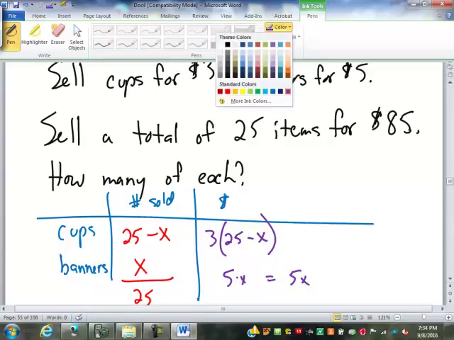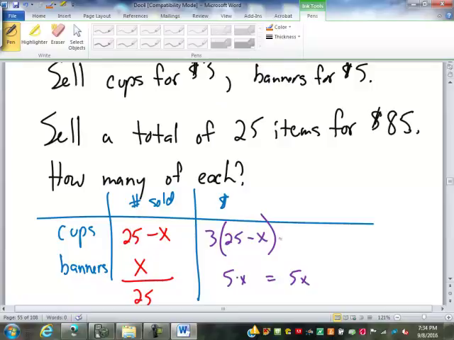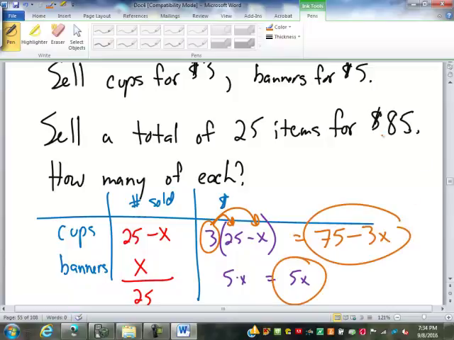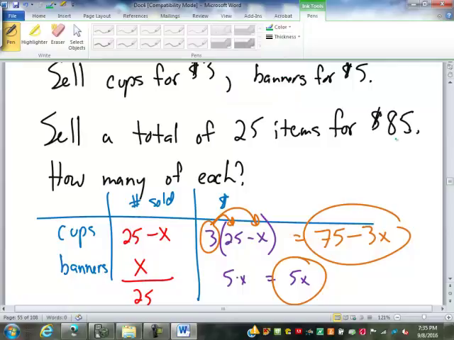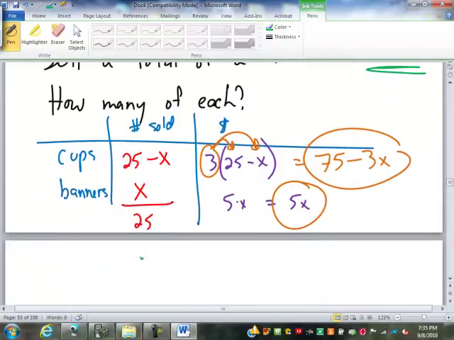Now we're going to have to do a little bit of work here with our cups. We have to do 3 times the 25 minus X. 3 times 25 is 75. 3 times the negative X, negative 3X. So now we have our dollar amounts, and we know those two have to add up to $85. So 75 minus 3X plus 5X equals 85.